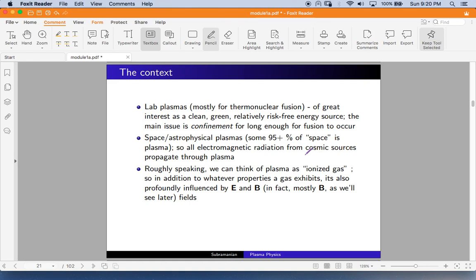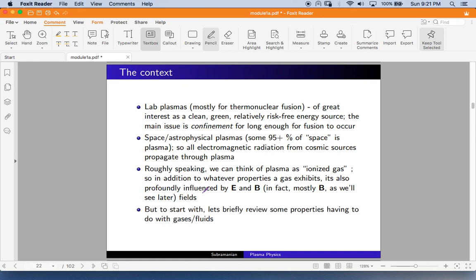As we will see, it's mostly influenced by magnetic fields, not electric fields. That arises from the fact that the plasma taken as a whole is charge neutral.